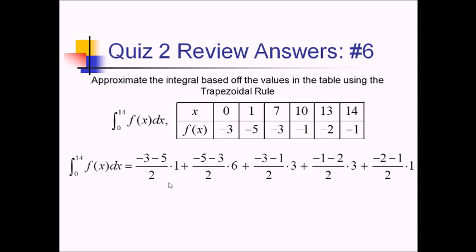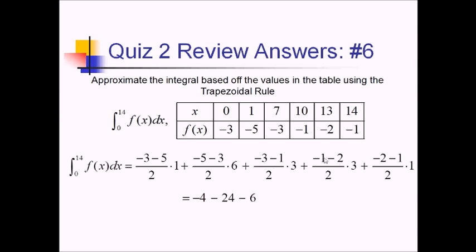So you could actually leave it like this if it's a free response problem, and it's all constant, so it counts. If you needed to simplify it, though, we'll go ahead and do that. So over here, this is going to be negative 8 over 2, so negative 4. Next, this is negative 8 over 2 again, so negative 4 times 6 is negative 24. Over here, this is negative 4 over 2, which is negative 2, times 3 is negative 6.